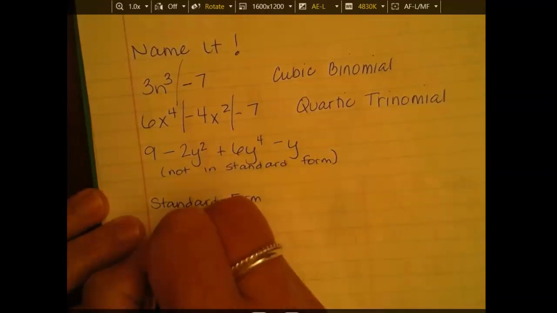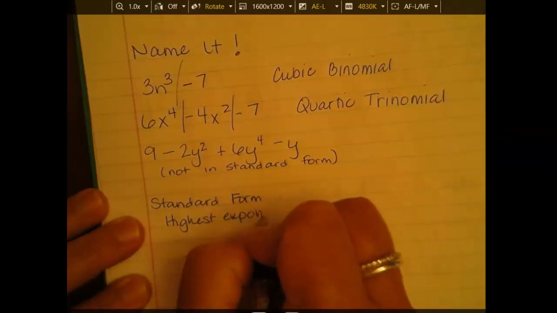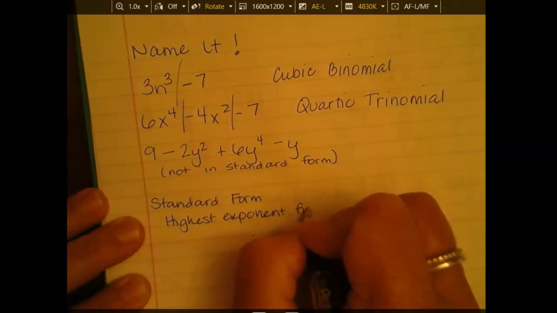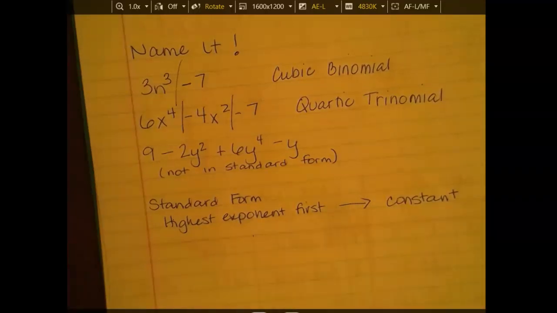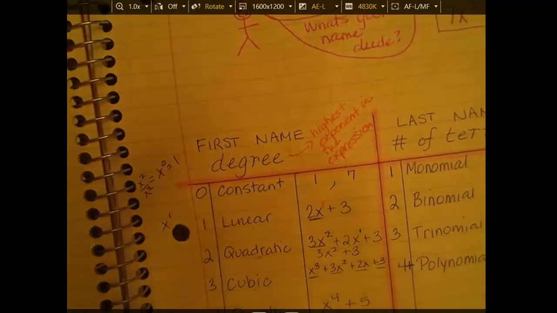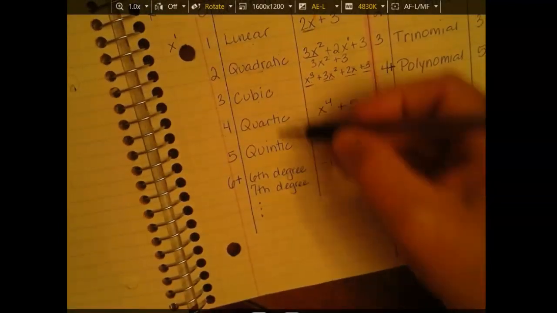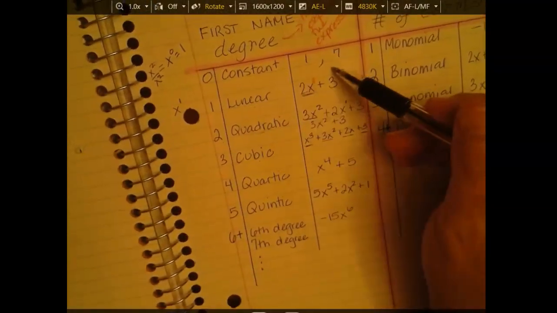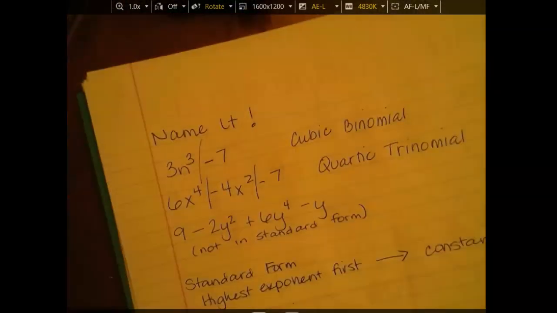The highest exponent first, then it counts down all the way to the constant. So when you had your little chart with the degrees, that means the degrees are in kind of reverse order, highest to lowest, and the very last thing is the constant or a number that has no variable at all, right?